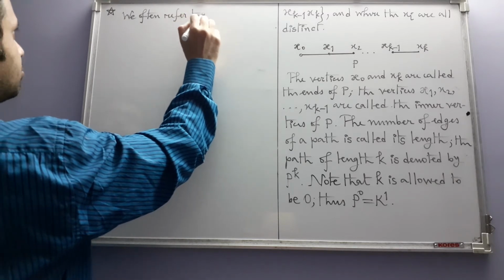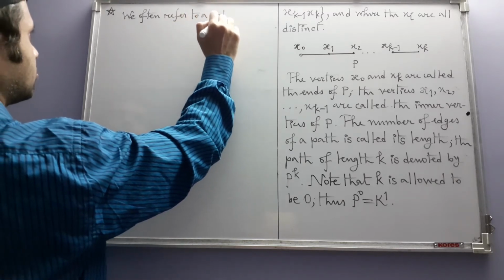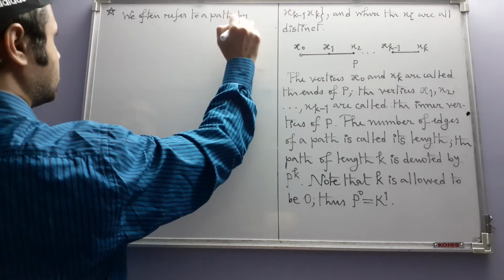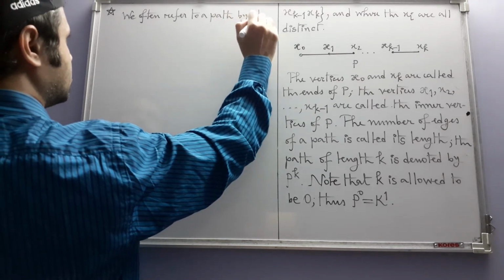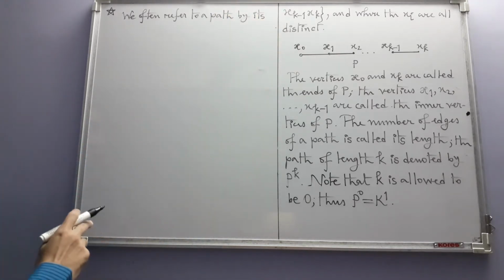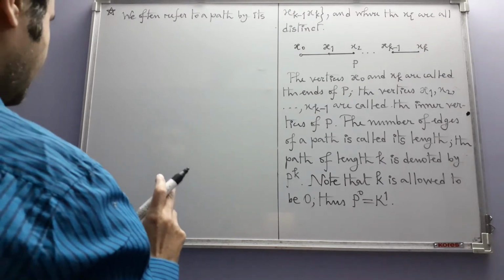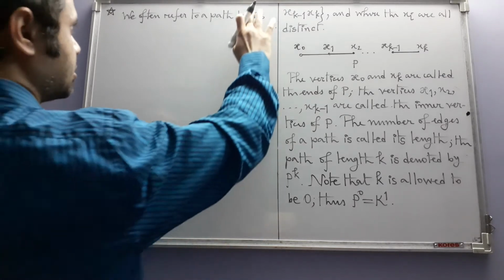We often refer to a path by its vertices or by the natural sequence of its vertices.